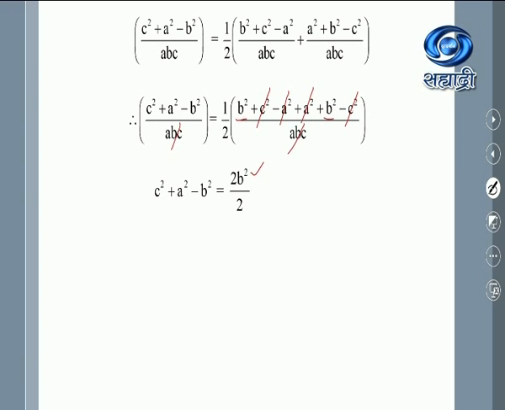So C square plus A square minus B square is equal to B square plus B square, 2B square upon 2 we got. Further, we cancel this 2 and 2 as well. And thus we got C square plus A square, see these two terms. I write this term on RHS, that becomes B square, and this minus B square on the other side becomes plus B square, and we have the addition of B square plus B square as 2B square.